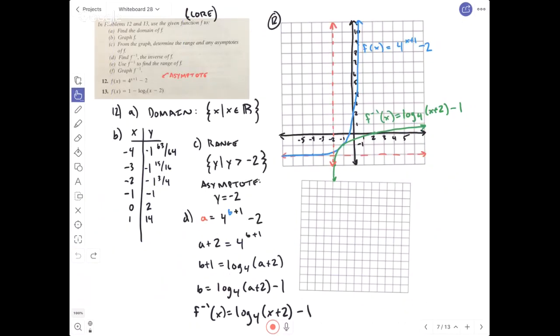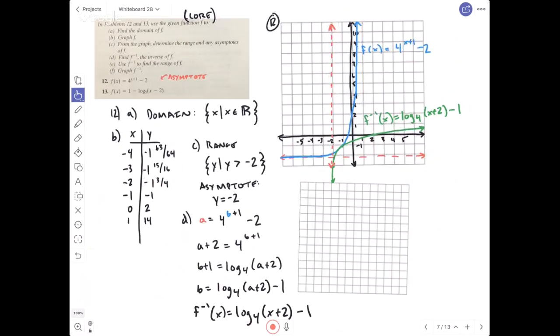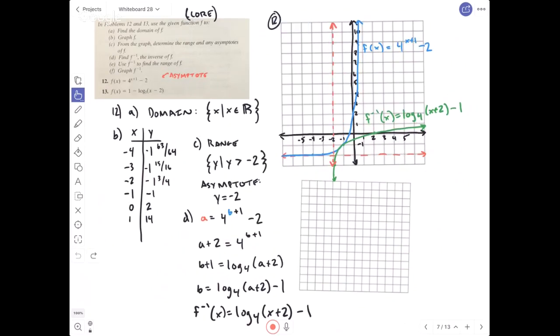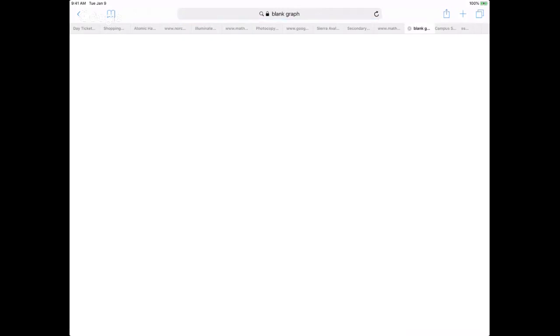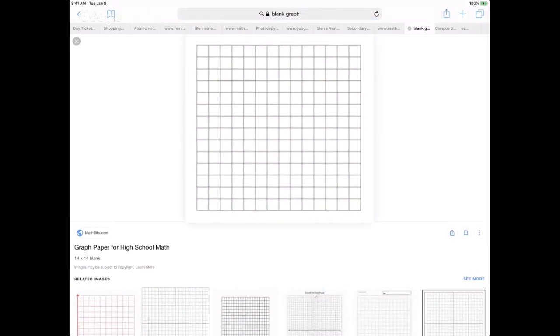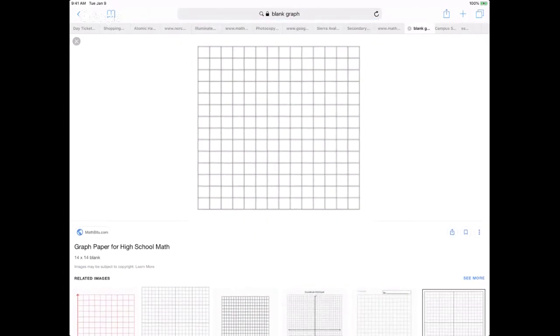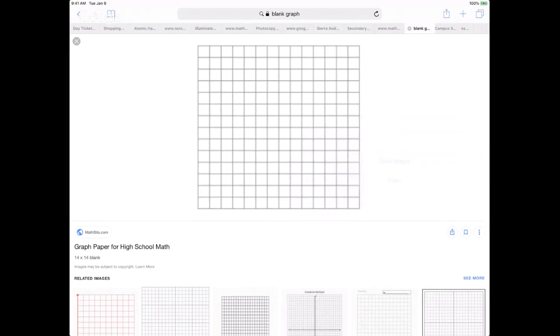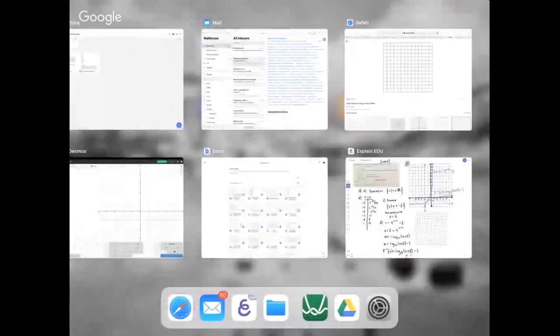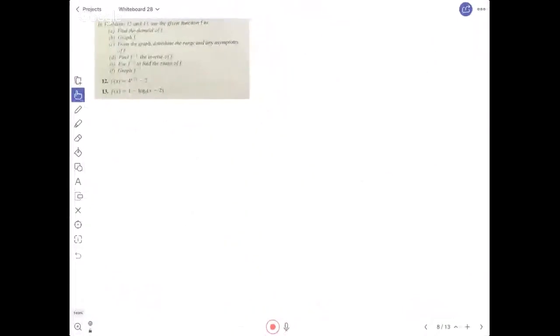Okay, let's go back and grab our graph from this page. Here we go.